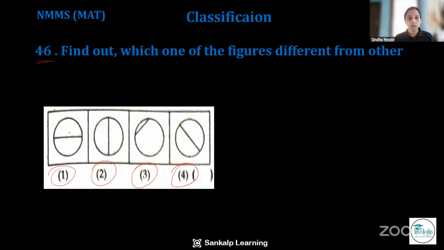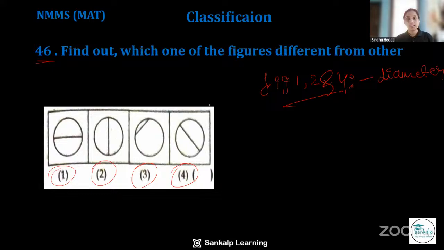So here figure 1, figure 2 and figure 4, all these figures contain a circle, and that straight line divides the circle equally. So it is considered a diameter. The internal straight line is a diameter for figures 1, 2 and 4.